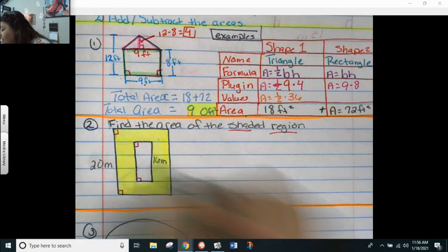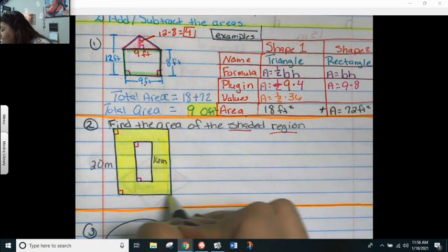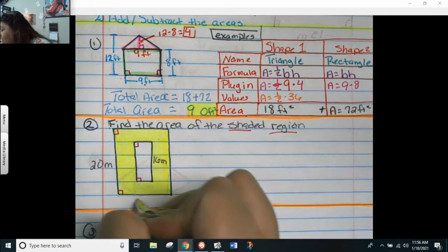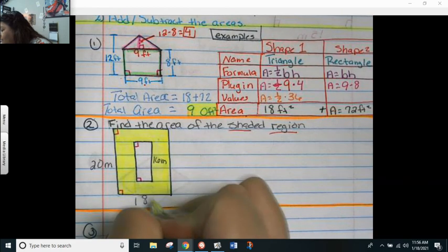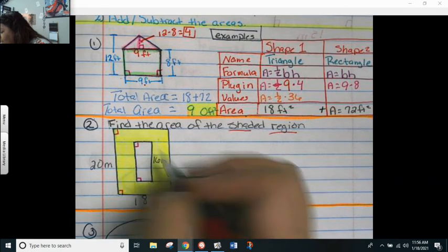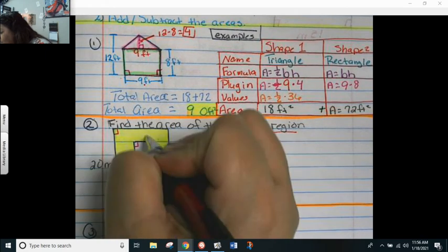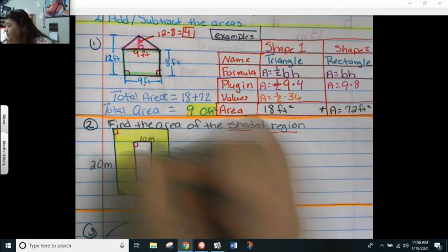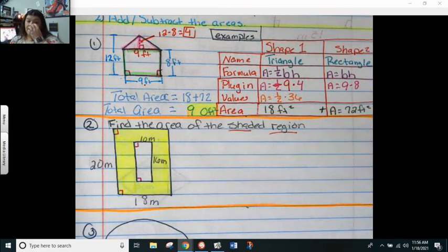All right, that's this one right here. And then the base here, let's do 18 meters. And then here, 10 meters. I'll do it up here, 10 meters. Okay, so go ahead and copy the numbers down since I forgot. So we have 20 meters, 16, 10, and 18, okay?